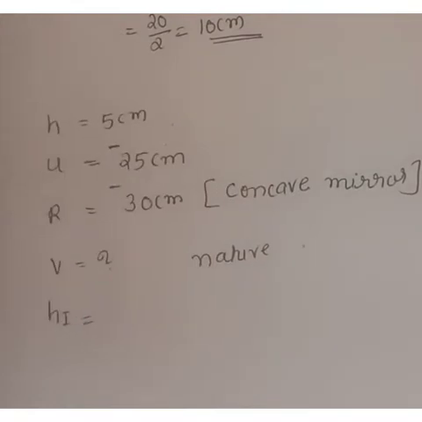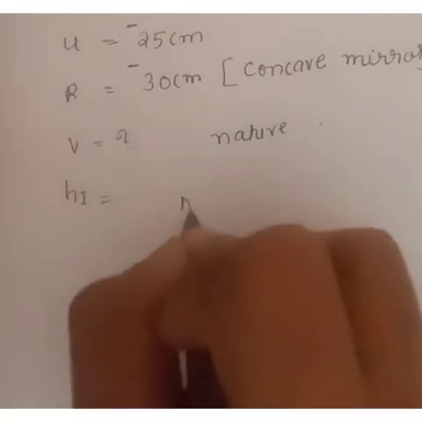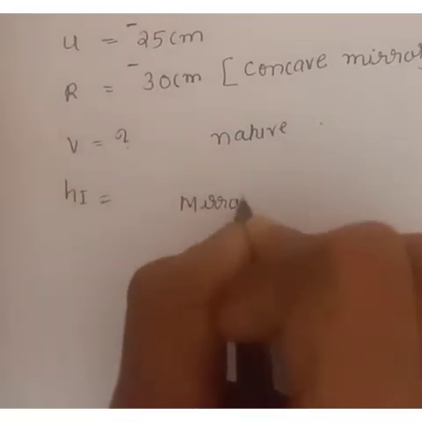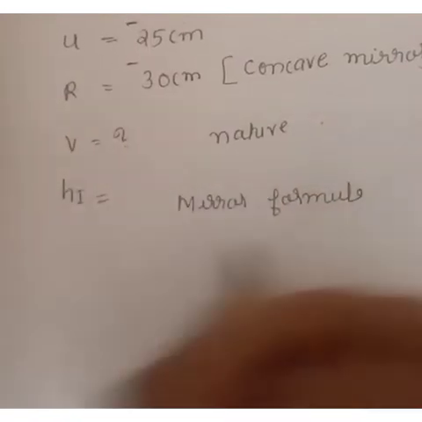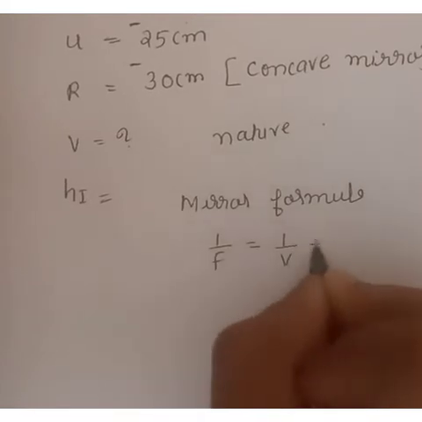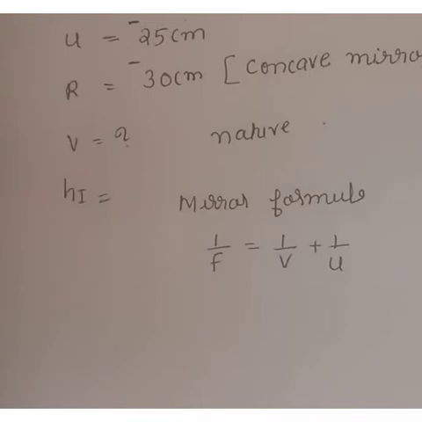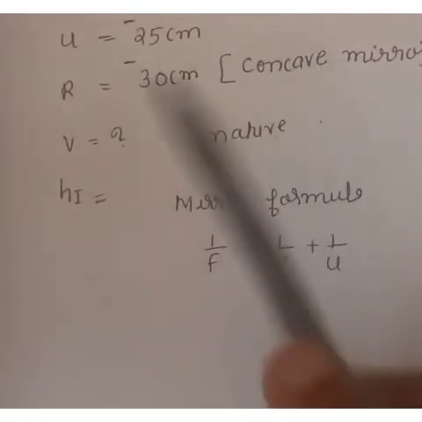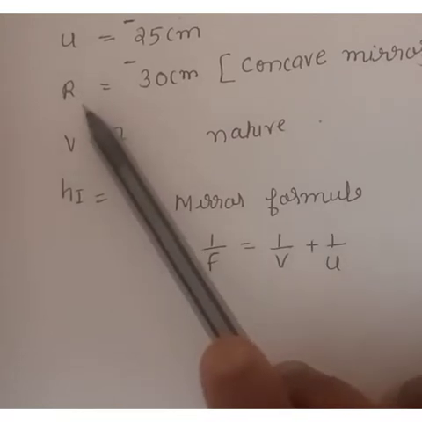Now how can you find out the image distance? You know the mirror formula: 1 by f is equal to 1 by v plus 1 by u. Here the focal length is not given, only the radius of curvature is given.